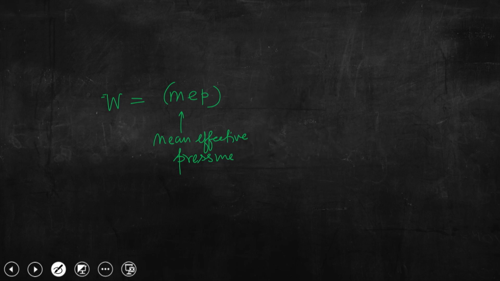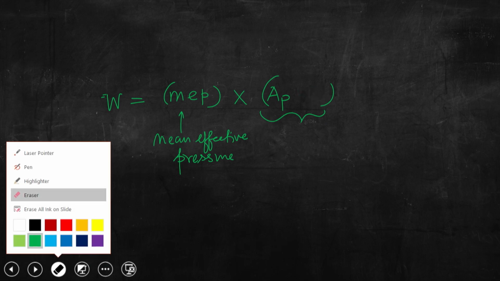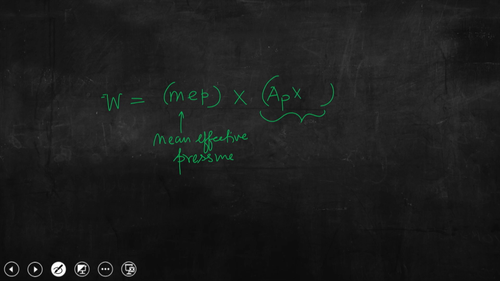So, mean effective pressure into the area of the piston into length. This should not be dx, because the moment we write in terms of mean effective pressure, we write the stroke length Ls, and this is the area of the piston that we have already defined. So, essentially we can write this as Vs, that is stroke volume.